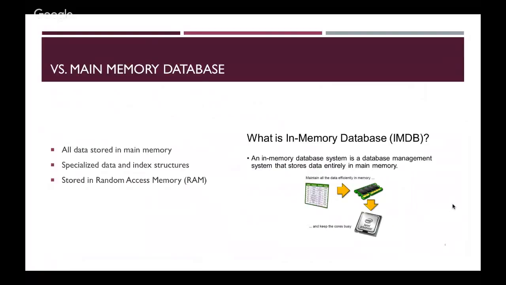And there are specialized data structures and index structures that assume data is always in main memory. So this means that when you need the data, the specialized data and index structures know that the data is in the main memory rather than on a disk like before. And the data is stored in something called random access memory, or RAM.